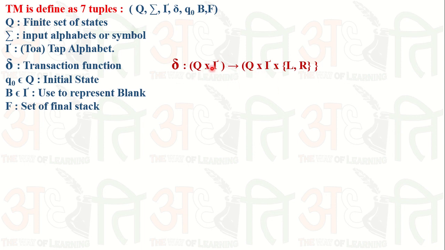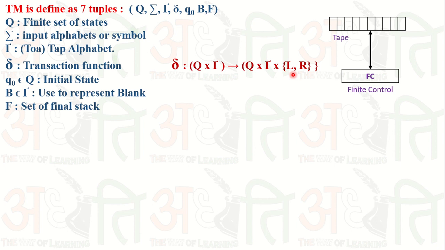If in a particular state we are seeing any tape symbol, then we get a new state, write a new symbol, and move left or right. This is the standard diagram of a Turing machine, where the tape contains blanks on both sides, showing that after the blank the tape has ended. There is a read-write head and a finite control.